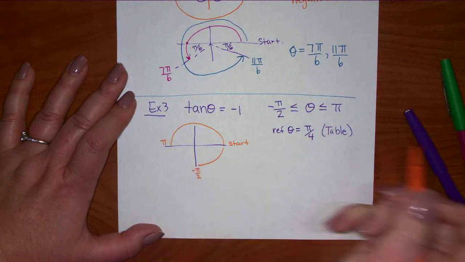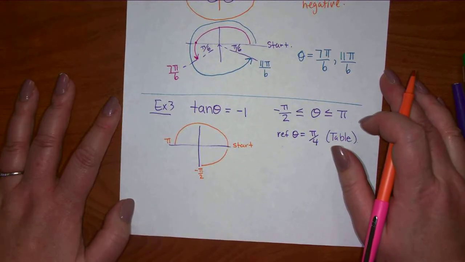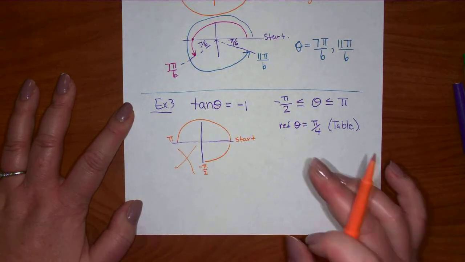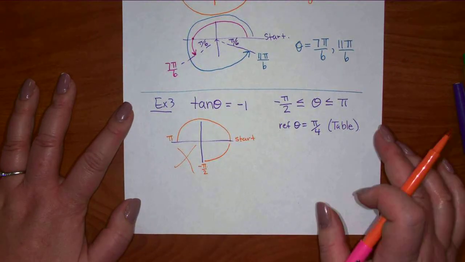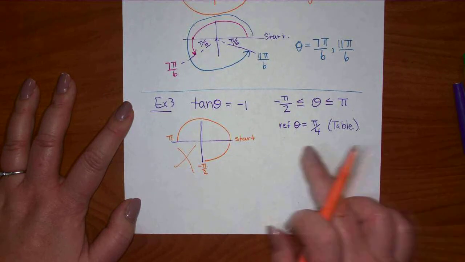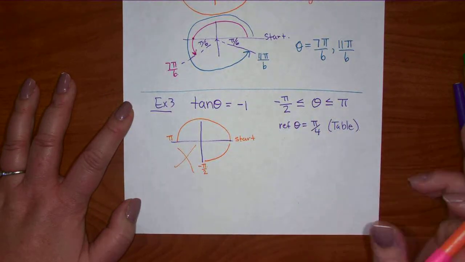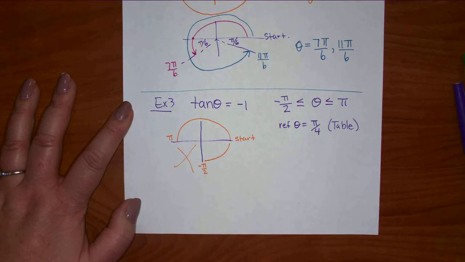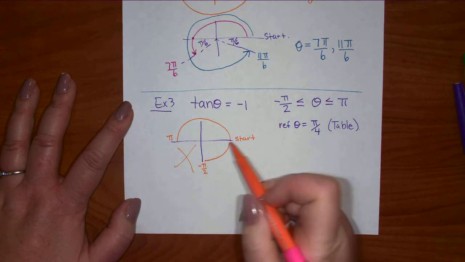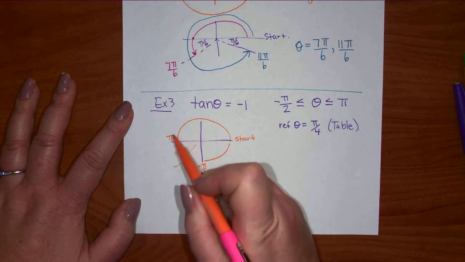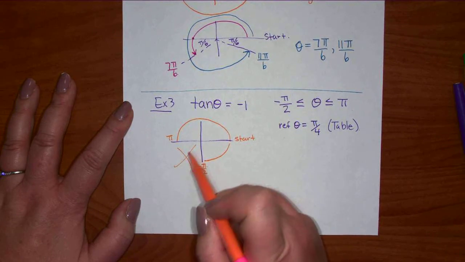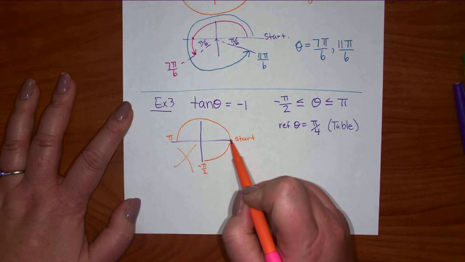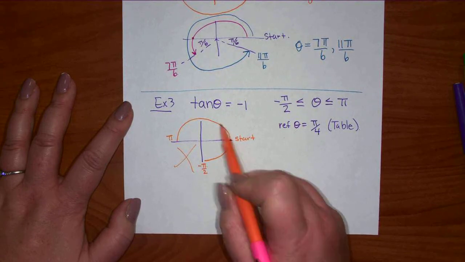So what's this saying? We don't care about this one, but the other 3 are fair game. So we can go backwards and forwards. If you wanted these 3 quadrants, you can't go forwards to get them because you have to go through here. And if you didn't want that one, that's why you go backwards, because it's always starting from the start. So forward is pi, backwards is pi.